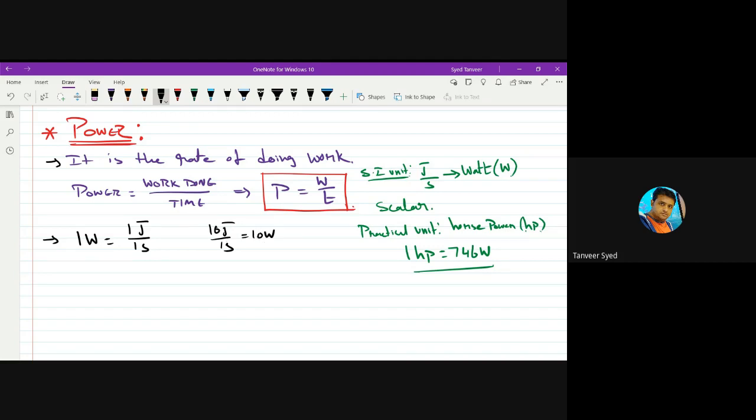If you compare this with HP, if a water pump has 1 HP power, that means it can do 746 joule of work in 1 second time. Then its power is 1 HP. Okay, right.